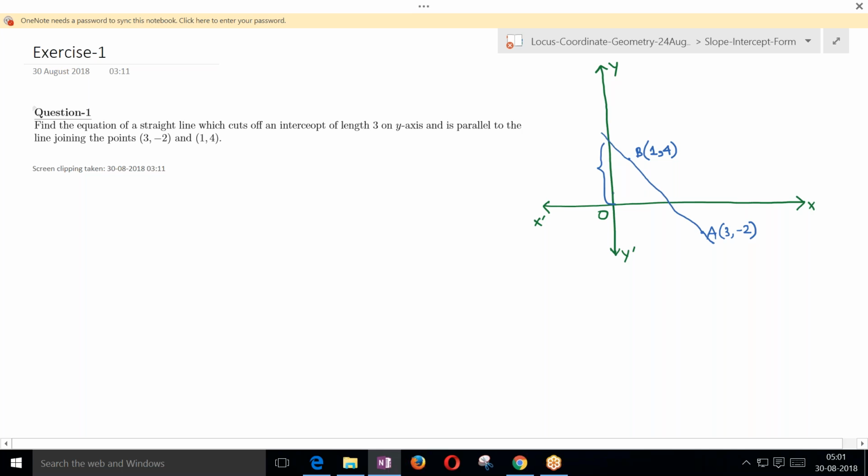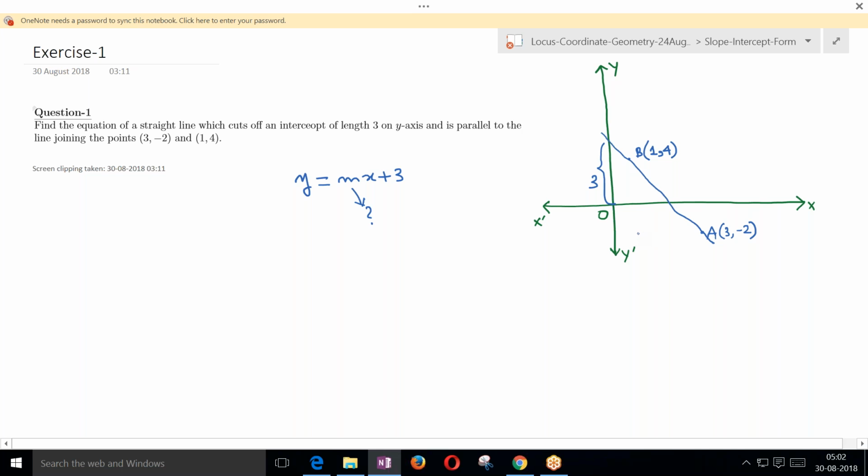This part is actually 3 units. Intercept is 3. So the equation of the straight line should be y equal to m into x plus 3. Now we need to find the value of m. As we have discussed in earlier classes, how to find the slope of a straight line?